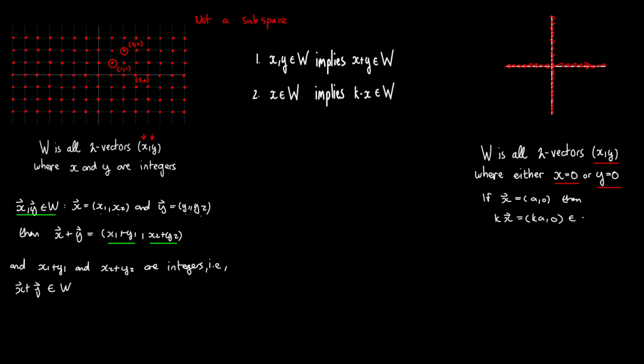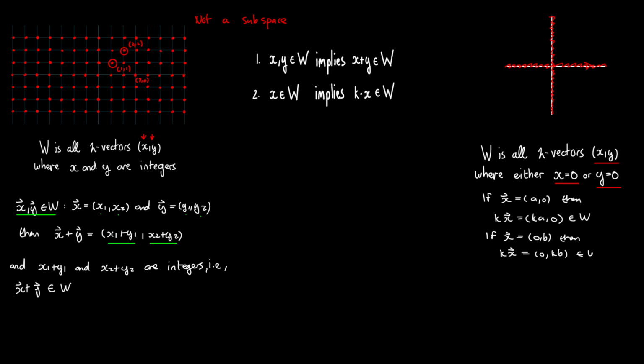And of course, this is an element of our subset W. And if x had the only other possible form, in other words, it was equal to (0, b) for some b, then a very similar argument holds. kx is just equal to (0, kb).